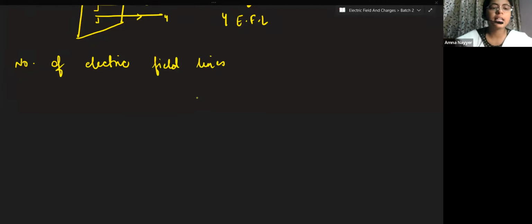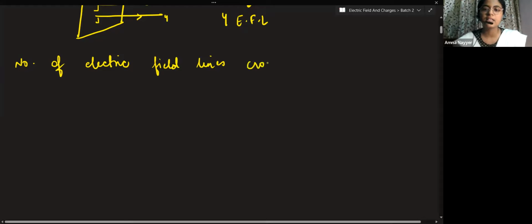All right. Now see, electric flux is basically the number of electric field lines which are crossing an area normally.